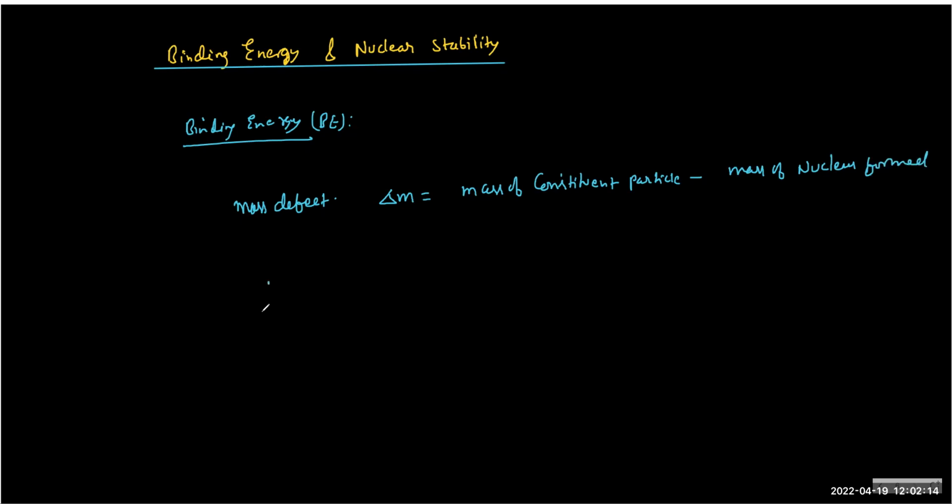If I represent this as some atom, then how do we write the mass defect? We have to write the mass of the constituent particles. We can see clearly we have Z number of protons, so the mass that we expect is Z times mp, plus (A minus Z) times the neutron mass.